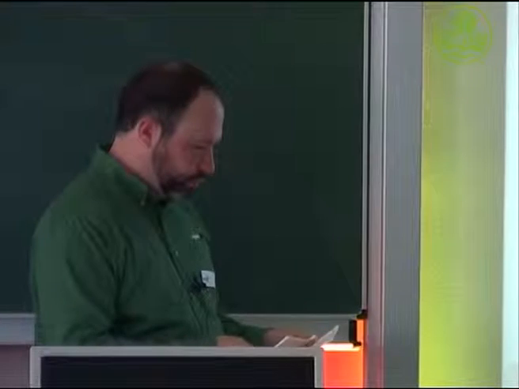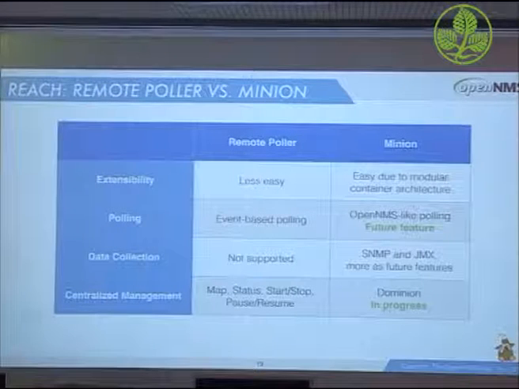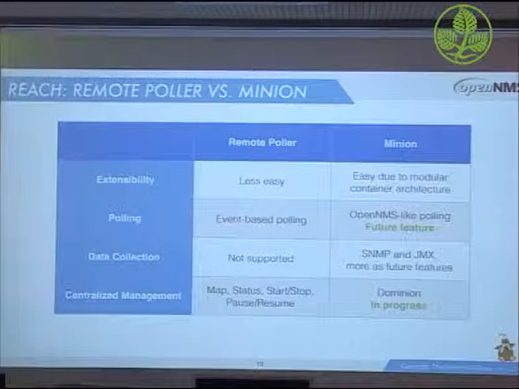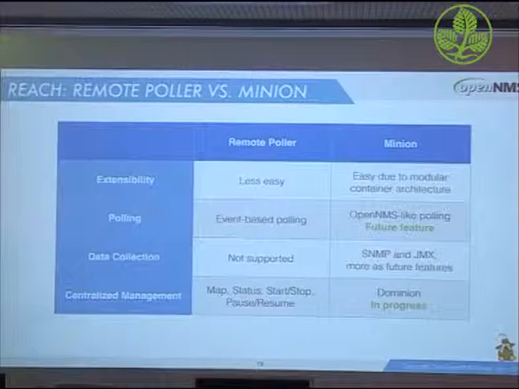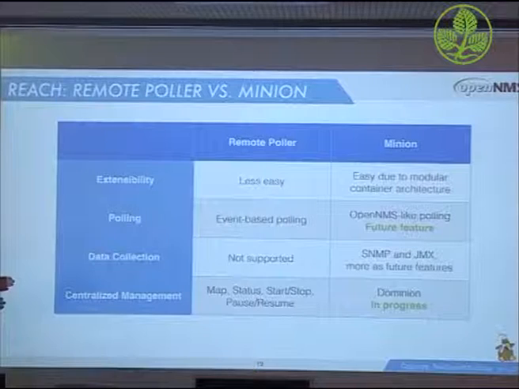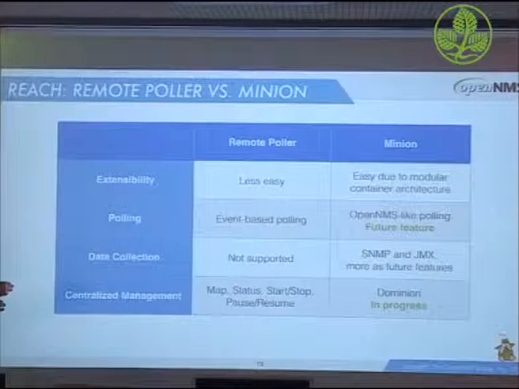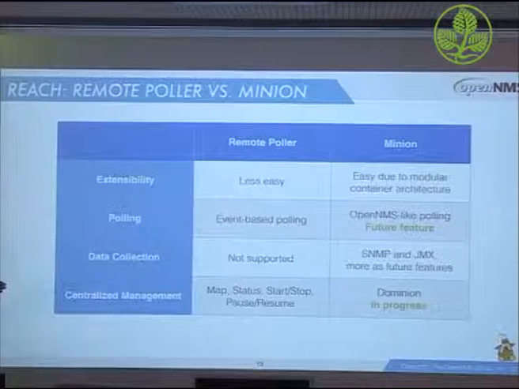So just to recap, the remote poller is less easy to extend, but Minion is basically totally extensible due to its architecture. The event-based polling that the remote poller does, I think when Minion's polling microservice is done, it will basically provide the same features that the OpenNMS service did.